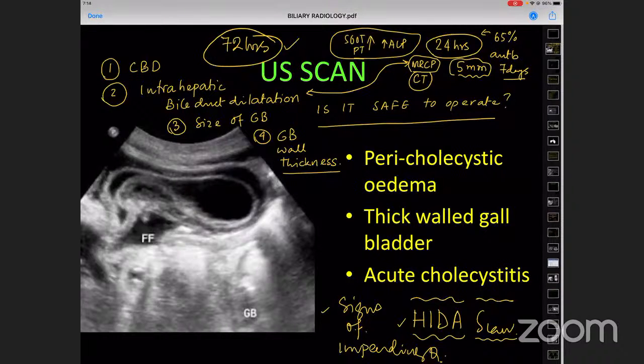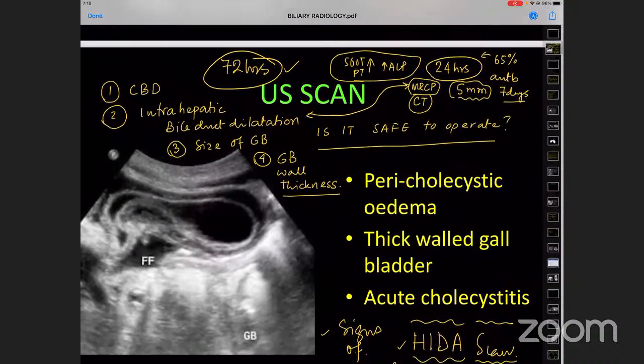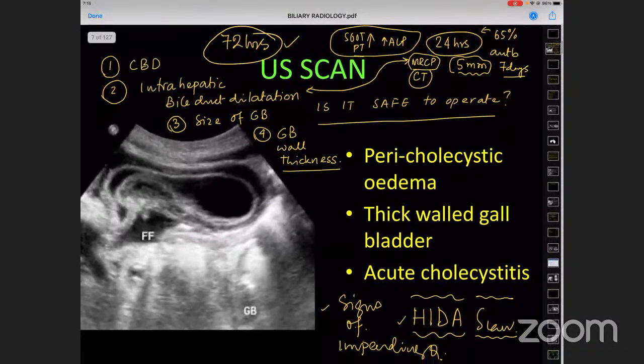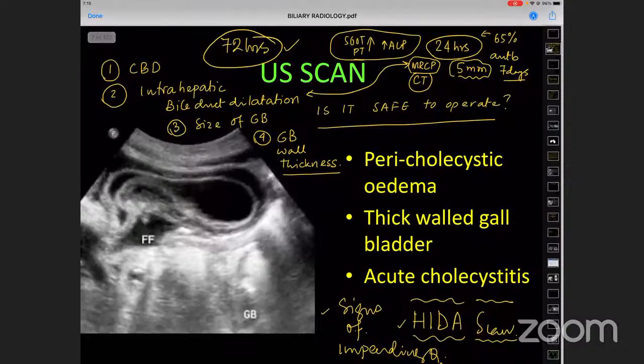In a setting of acute pancreatitis, in the first 1 or 2 days, you may not see anything on either MR or CT scan. So the imaging modality of choice within the first 24 hours is ultrasonography, just to see the etiology, gallstone and whether any CBD stone is present, and whether we do an intervention like ERCP to clear the stone.